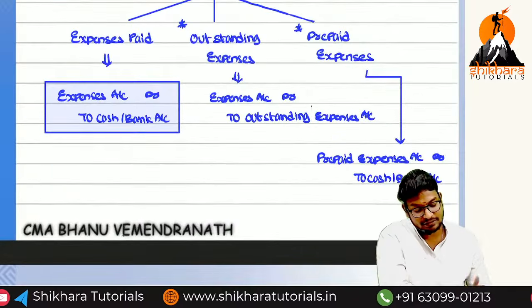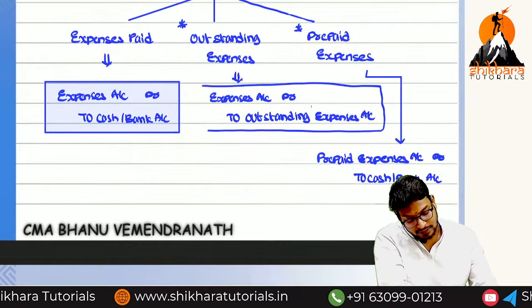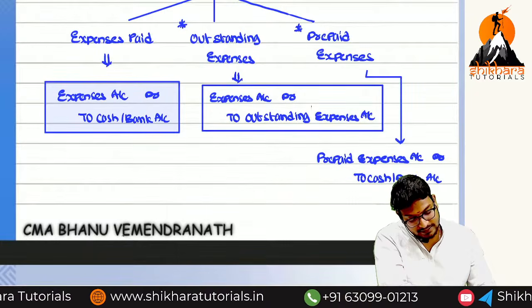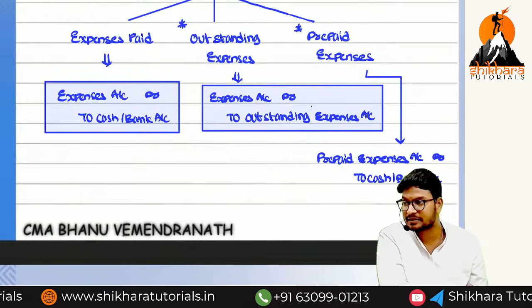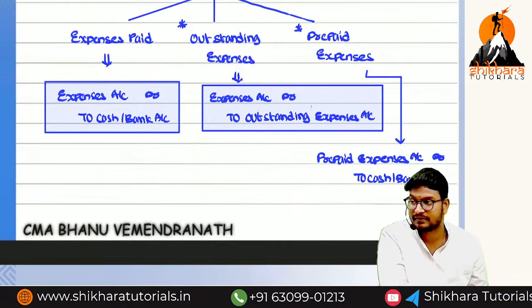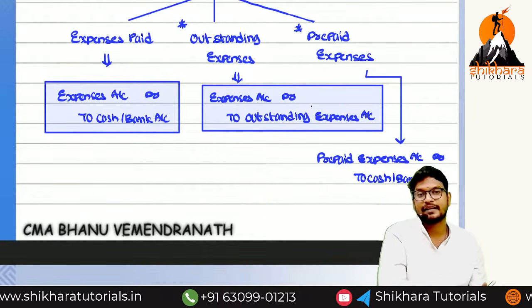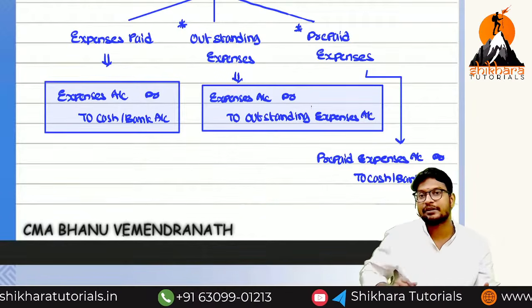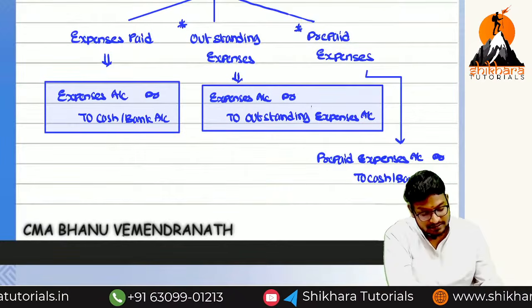Next, outstanding expenses. What is the entry for the outstanding expenses? Expenses account debited to outstanding expenses account. So once again, that means increasing the expenses or decreasing the expenses? Increasing the expenses. Even though we are not going to pay the expenditure in the current year, do we have to recognize it or not? We have to recognize it, as per which concept, ma?